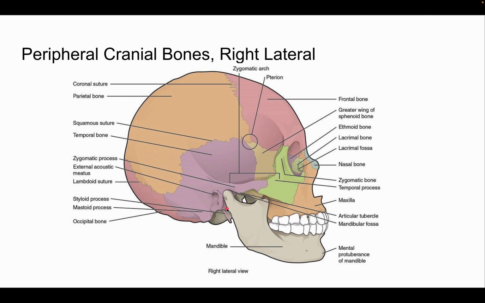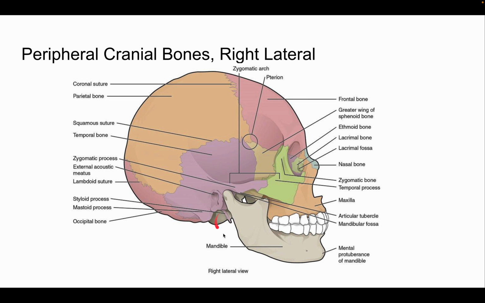All right, and then we have the mastoid process. So directly behind the mandibular condyle, you can kind of feel it in your head. So it's right behind your ear. Now, next one, styloid process, you can't really feel. That serves as the attachment point for a lot of the mandibular muscles and ligaments. And the styloid process kind of looks like a stylus, so that's what we call it.